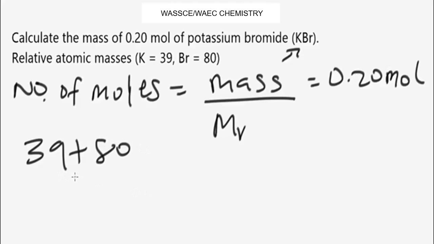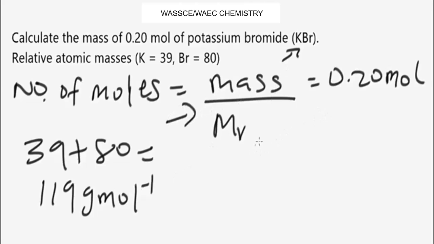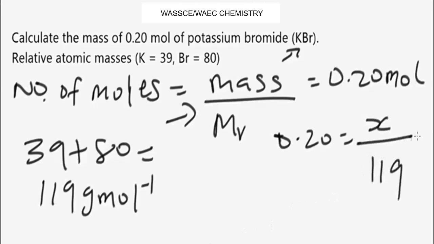When you punch this on the calculator, we are going to have 119 gram per mole. So when you plug it into this formula, we have 0.20 equals, let's replace the mass with x, over 119. Now to make x the subject of the formula, you cross multiply.